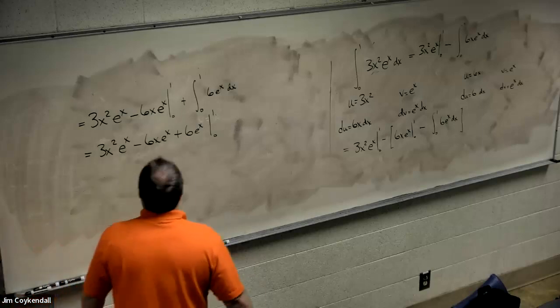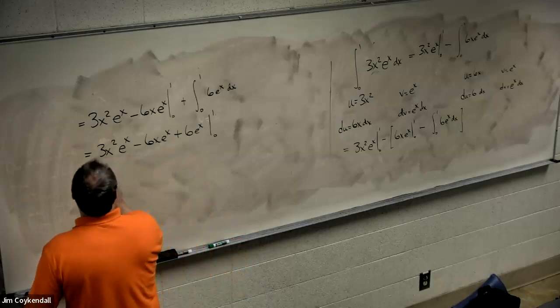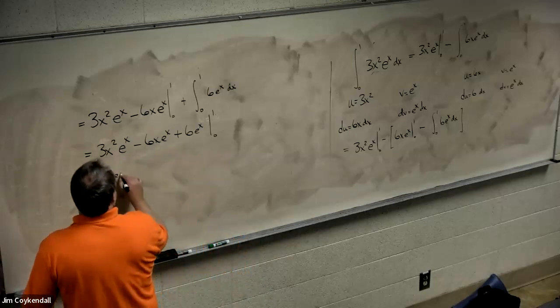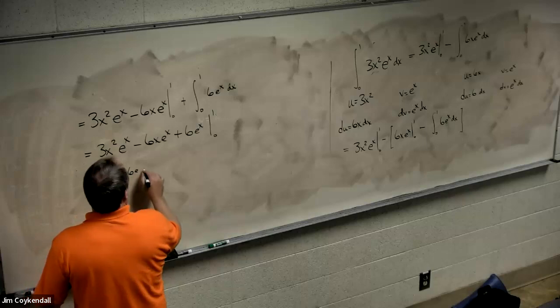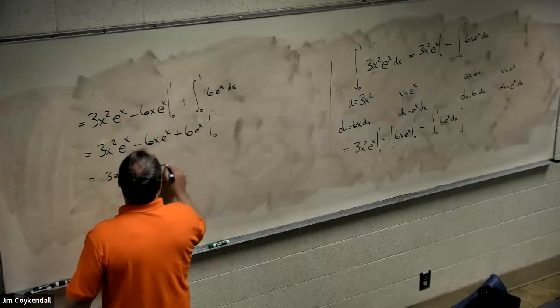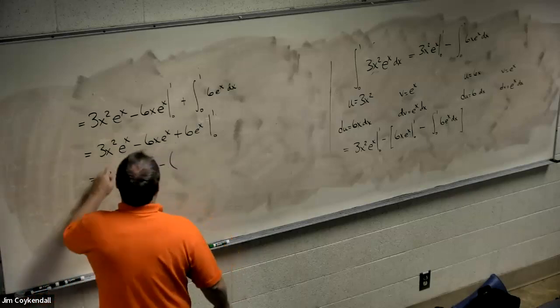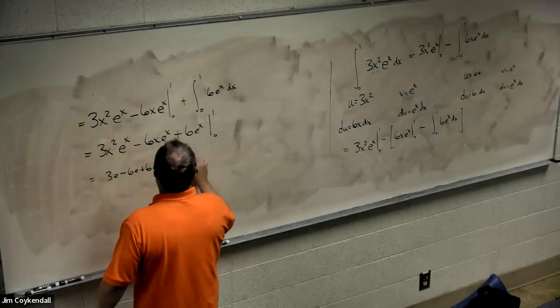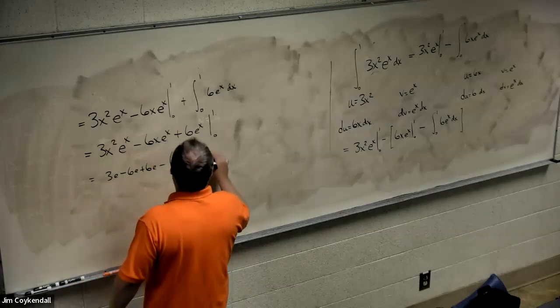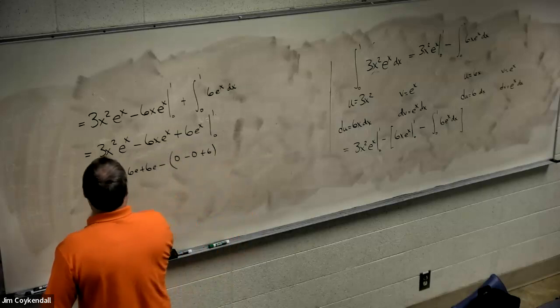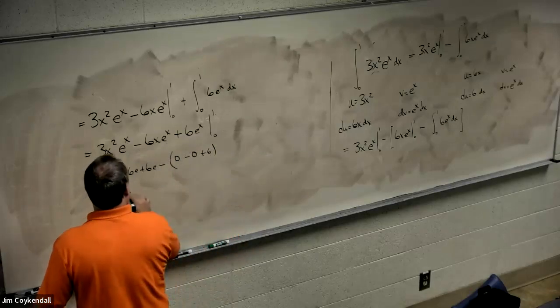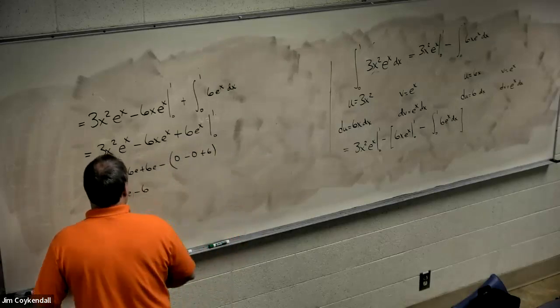Okay, let's do this. When I plug in 1, I get 3e minus 6e plus 6e. Plugging in 0, I get 0 minus 0 plus 6. So I get something crazy like 3e minus 6.